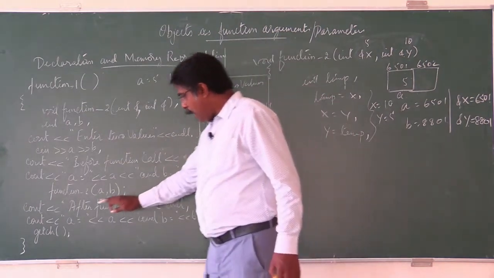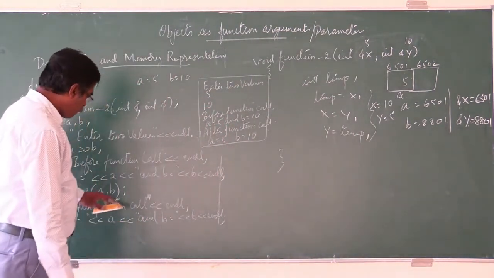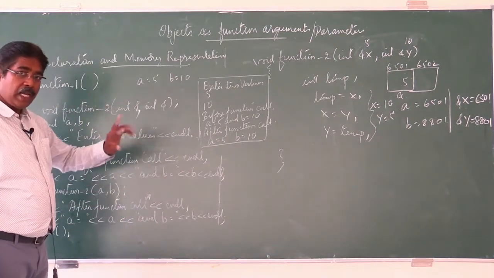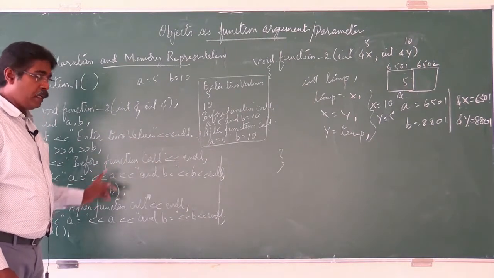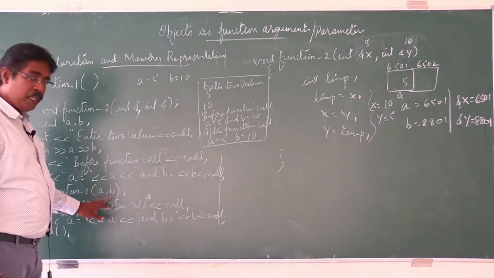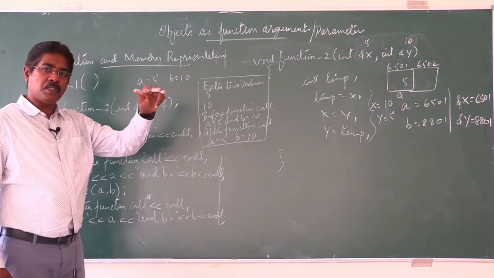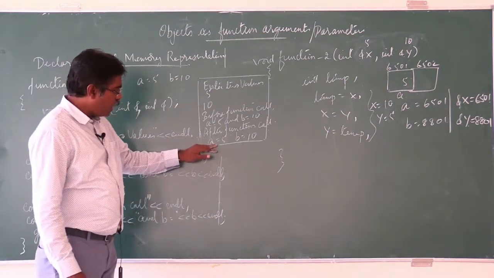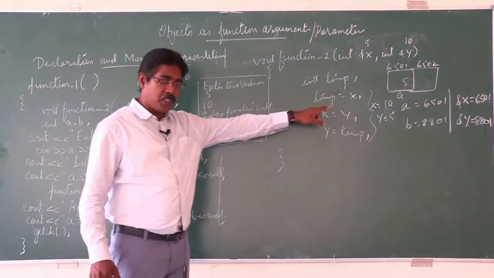Now, after function call, you should be answering me that there is a reference for A and B, alias of A, alias of B. That is, alias of A is X, alias of B is Y, both pertaining to the same address, both pointing to the same address. Now, A's value will be changing here because X value got changed there.